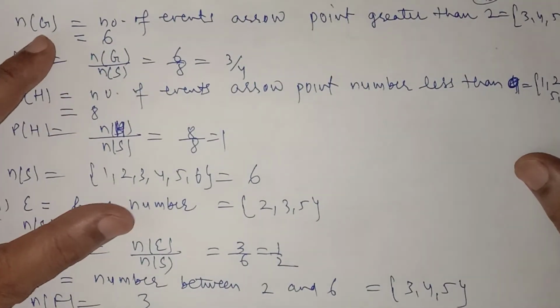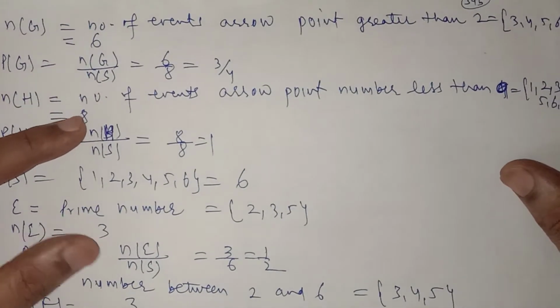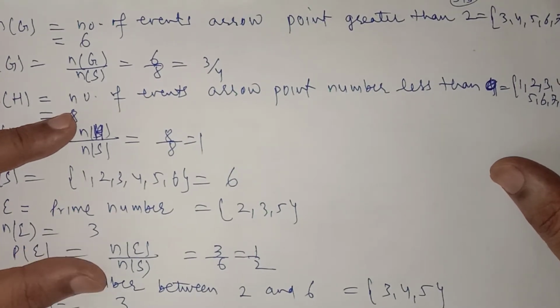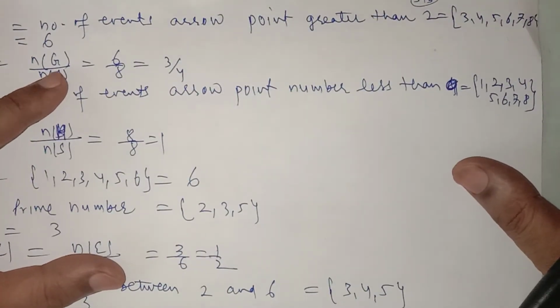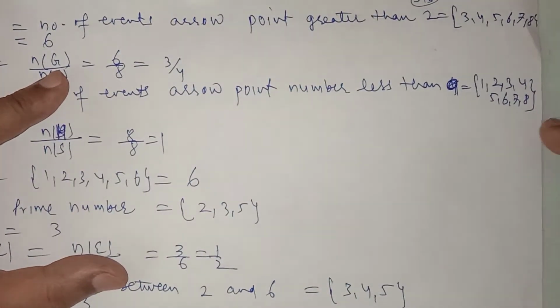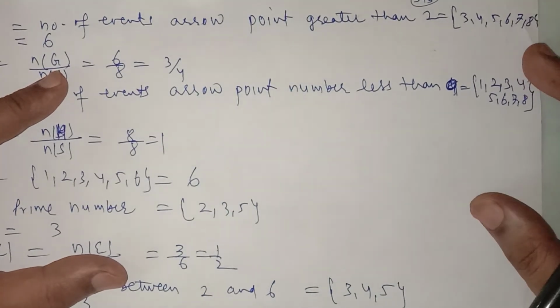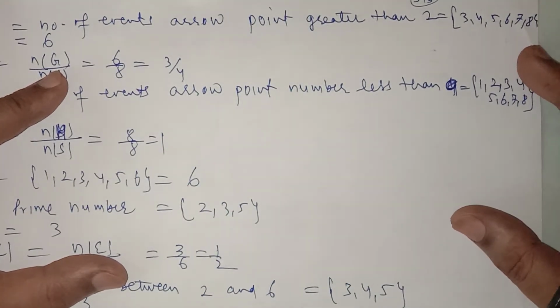You can call it E also. Now let H be the event that the pointer or arrow points to a number less than 9. Less than 9 means the number can be any from 1 to 8, that is 1, 2, 3, 4, 5, 6, 7, 8. So the possible favorable outcomes are 8.